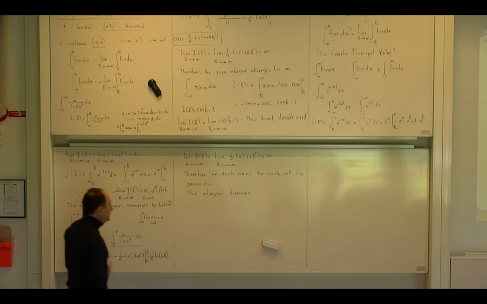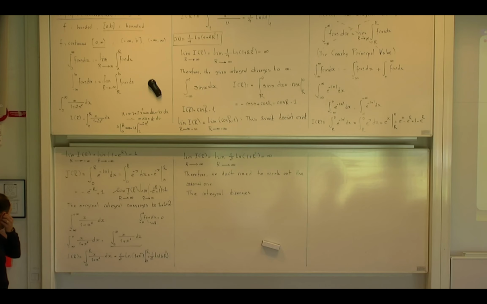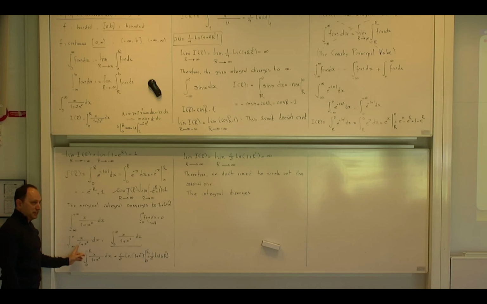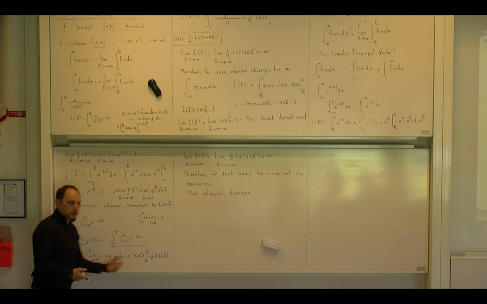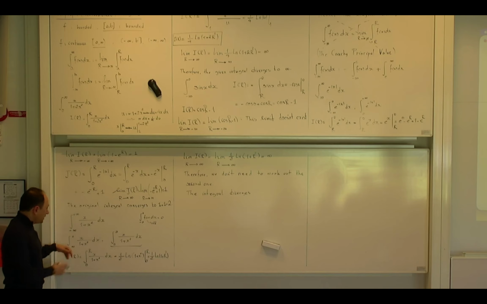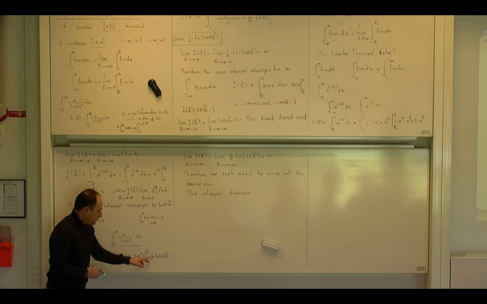Okay, but if you insist on saying to which value it diverges, there is no way. Do you have any guess about this integral? If I redo the calculations, the calculation is not hard because the function is the same, so the primitive function remains the same, but when I run it from minus r to 0, what will happen? This becomes just minus 1/2 ln of 1 plus r squared.